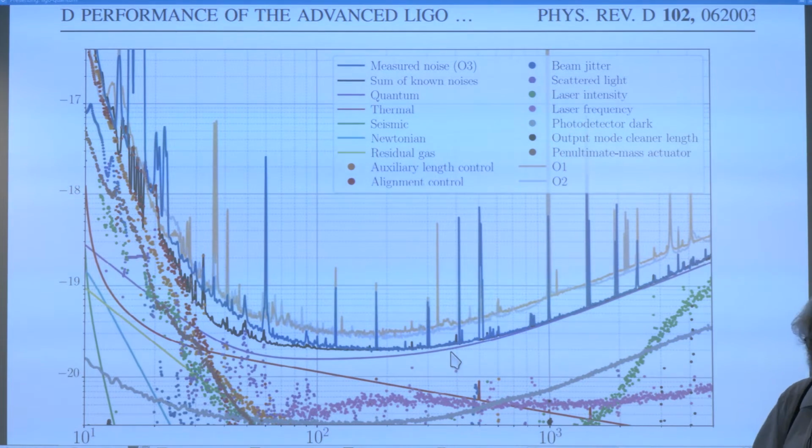Namely, you've got a photodetector, that little bit of light, about 20 milliwatts of light, coming out of the dark port, which is what you measure. Of course, you're measuring it by photodetectors, and that's going to give you Poisson noise, square root of n. And this is the impact of that square root of n noise on your ability to detect gravity waves. This part of the curve is called the radiation part of the curve.